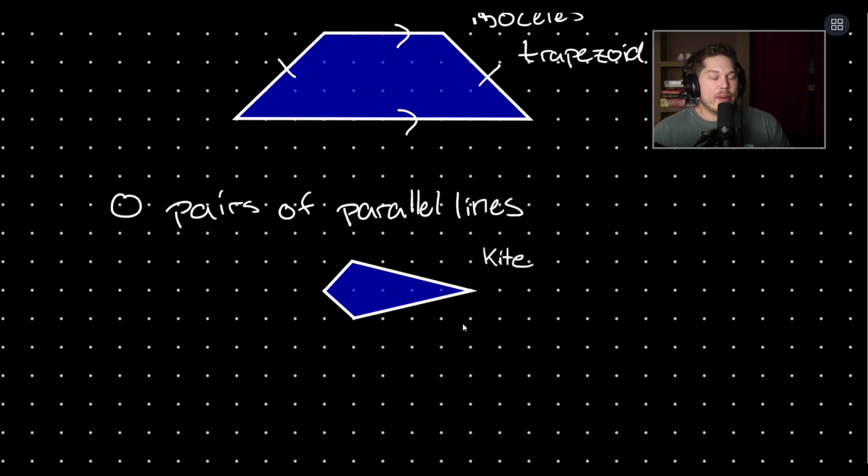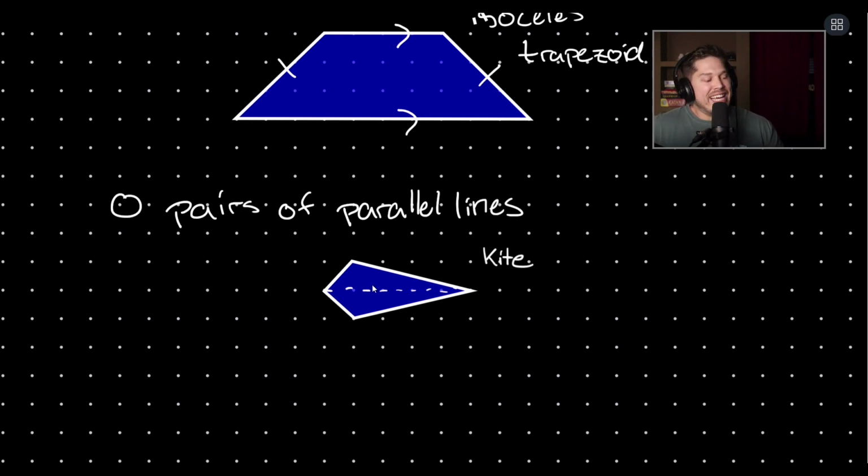And a kite can be thought of as two congruent triangles which share a base. Here, this dotted line, we can kind of separate out our two triangles, and we can see that it's two congruent triangles that are put together to form a quadrilateral.